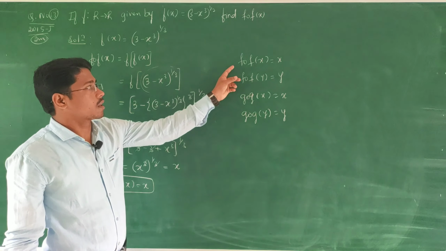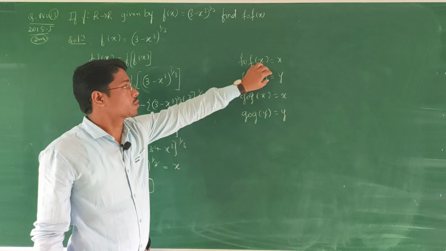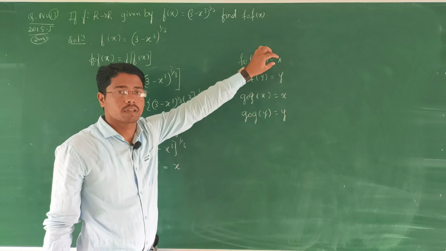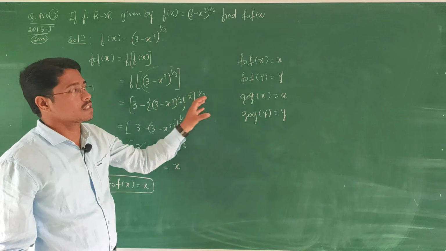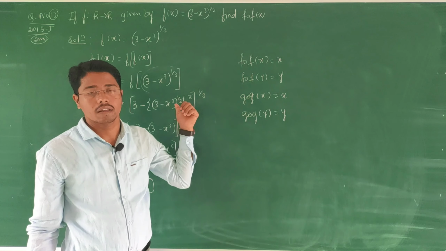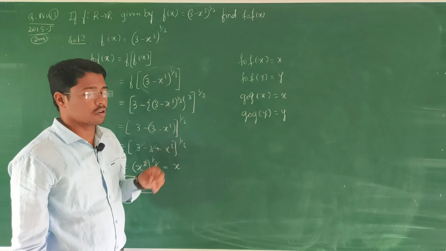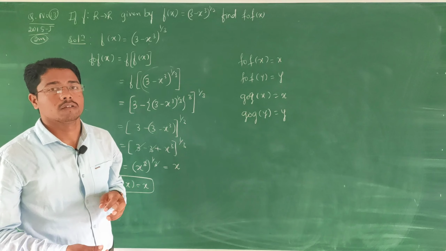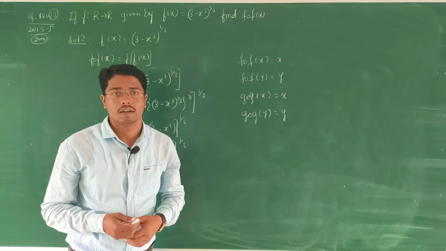So a function composed with itself here gives x in terms of x, and y in terms of y, right? That is the one major thing we have to observe in this question. So, very important example. Okay, dear students, I will continue the remaining problems in the next class.